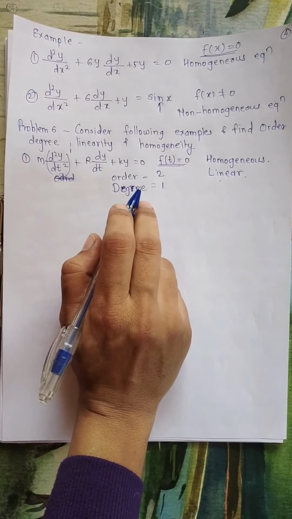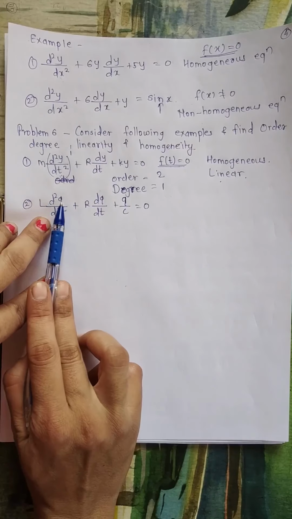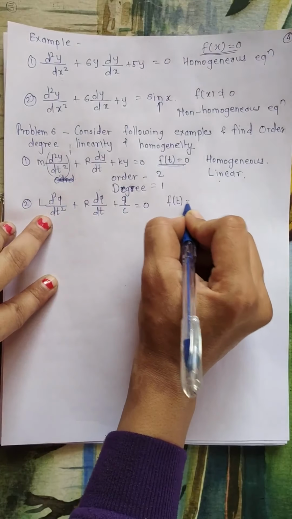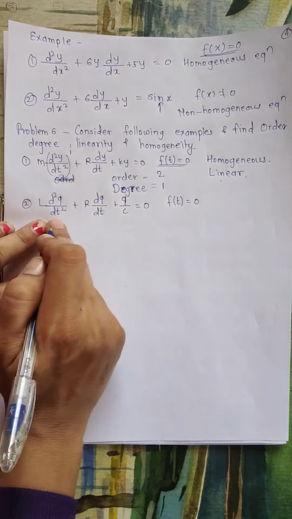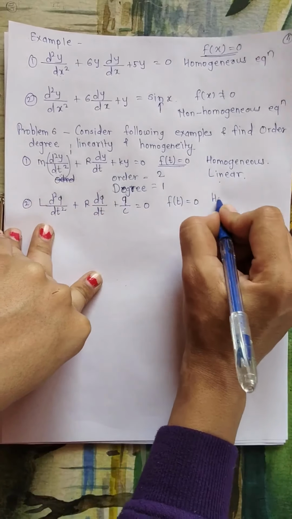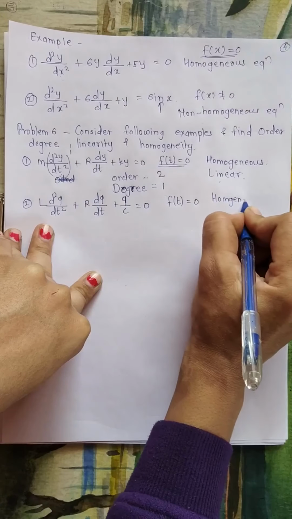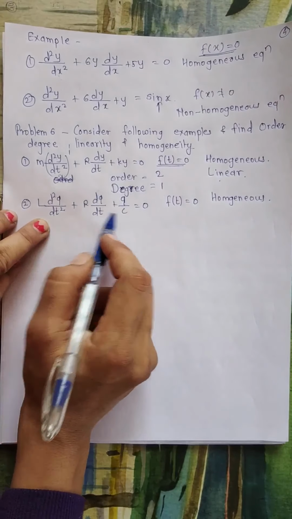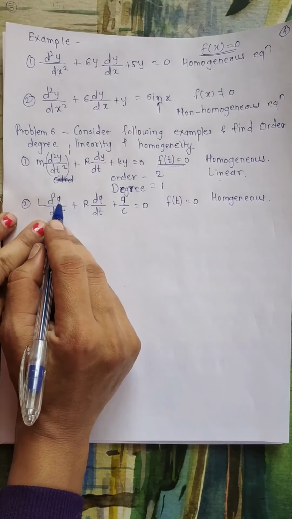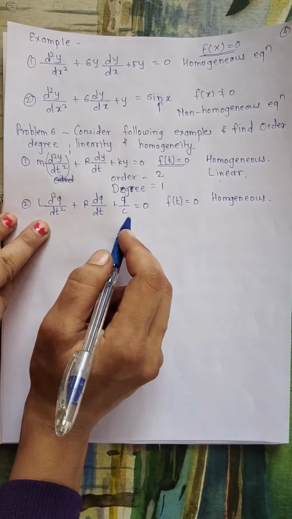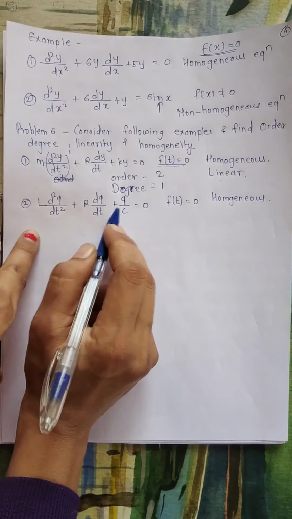Now in this example, q depends on t, it is a dependent variable and t is the independent variable, but here the function of the independent variable is equal to 0, meaning there is no term which contains a function of t. This means this is a homogeneous differential equation. And if you observe here, the derivative of the dependent variable and the dependent variable itself are each having power 1.